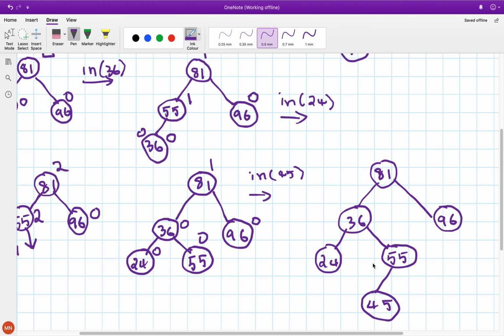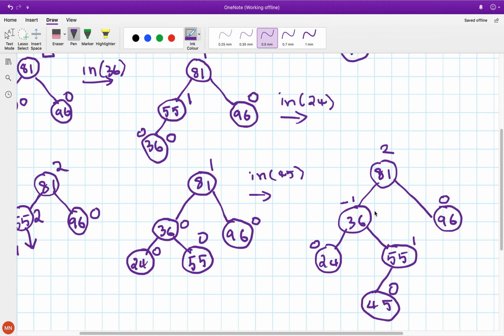Okay, now if you recalculate the balance factor, here it is 0, here it is 1, here it is 0, here it is again, sorry, here it is -1, here this is 0, then here you have the balance factor, this has a height 2 minus 0, that is 2.